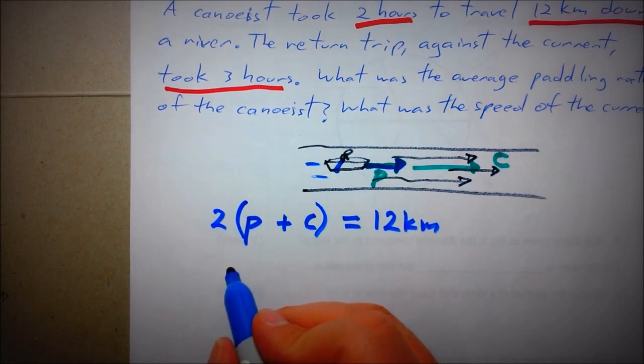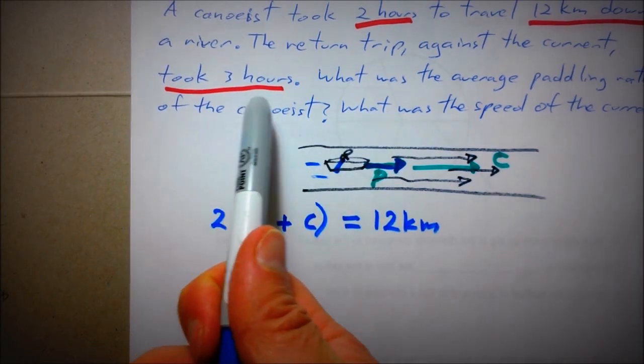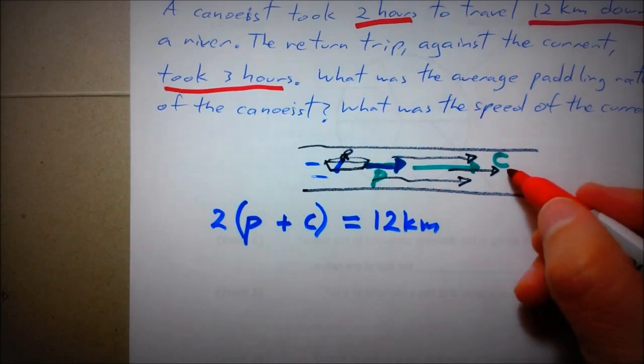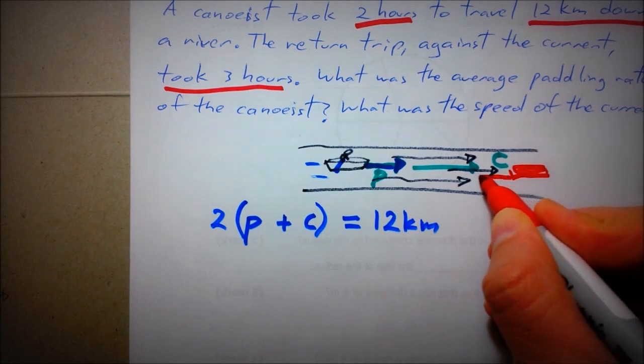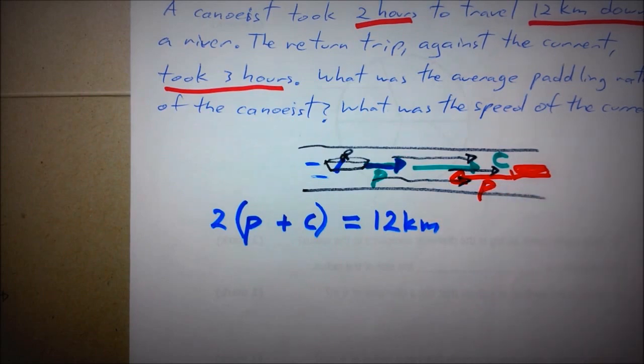And then the other equation says that it took him 3 hours to travel up the river. So when he was going up the river, he was basically facing the other way, with a paddling rate of P. Now how do we show that? Well, there are different ways.